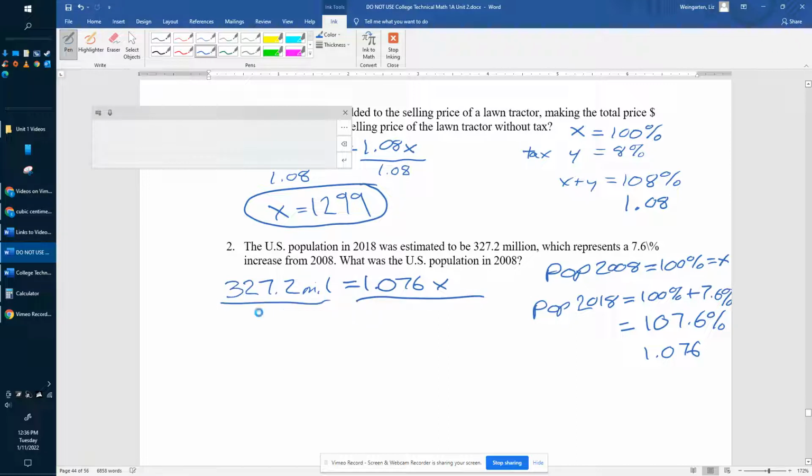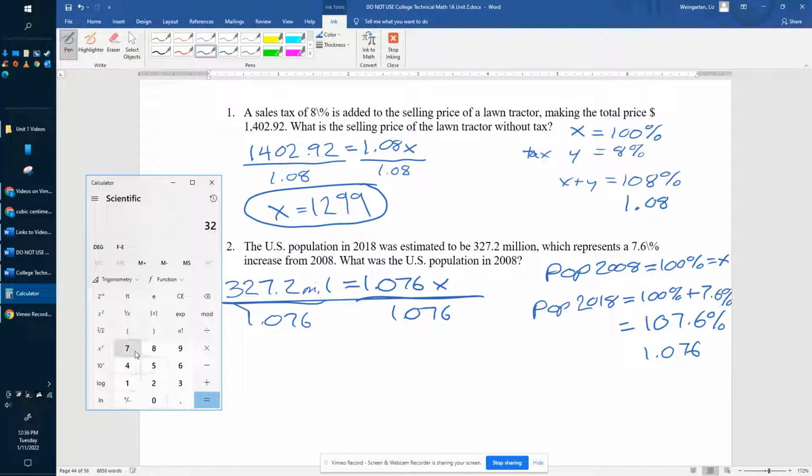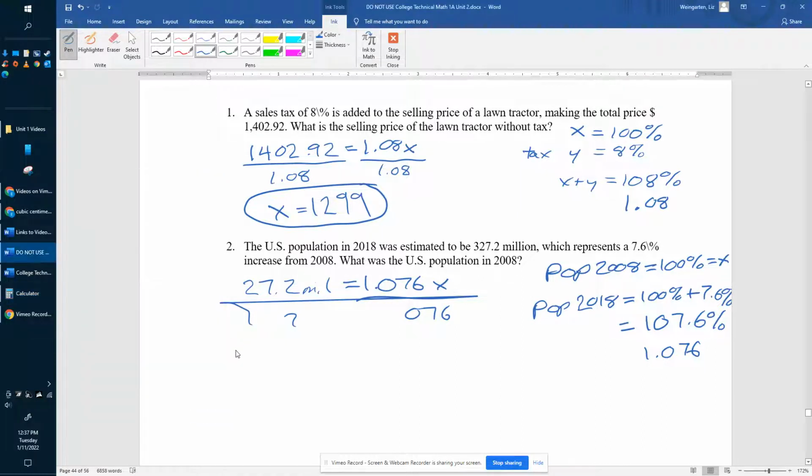Divide both sides by 1.076. So the original was 304.1 million.